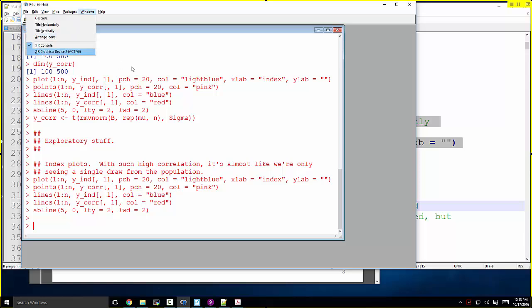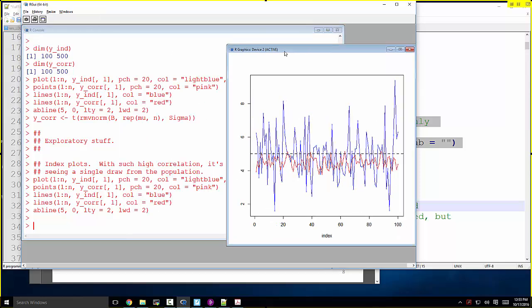Move this over. Look like this time. Blue is qualitatively indistinguishable from the previous simulation. Red, again, has low variability, and in this case, it's centered away from the population mean. Population mean is 5. That's where this horizontal dashed line is situated.